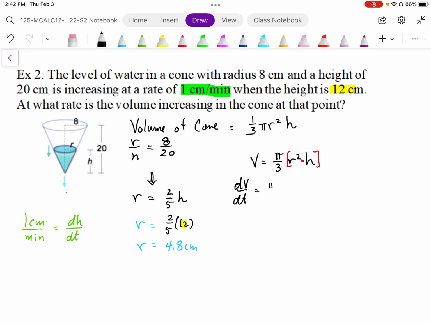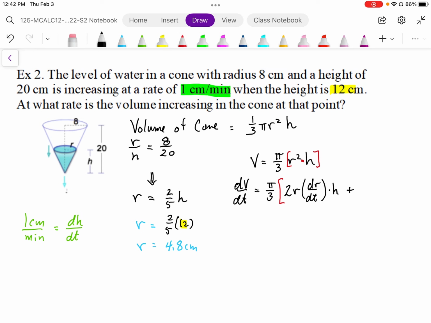So this is what it looks like when we differentiate this. I'm going to differentiate this implicitly, and this is the implicit differentiation part here. So I'm going to differentiate the r, so I get 2r. But since r is an embedded function, I need to apply the chain rule and do dr by dt. And then I have times h there.